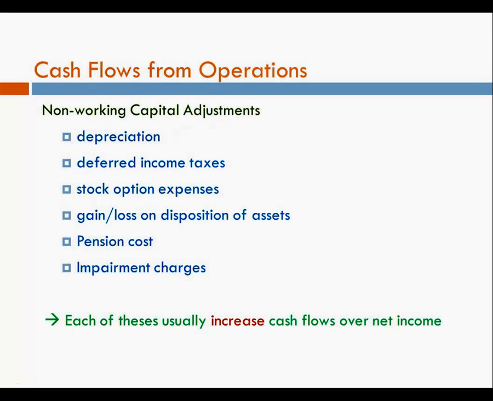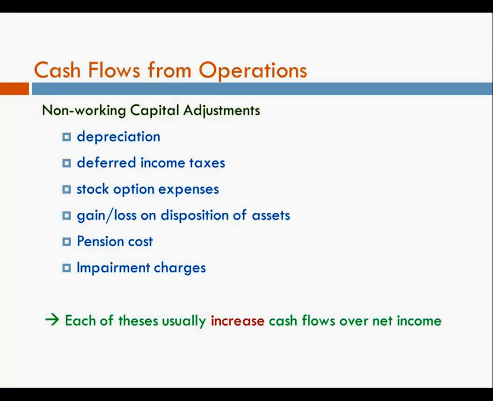Okay, so non-working capital adjustments. Depreciation, we talked about. Deferred taxes, stock option expenses, gains or losses on the disposition of assets, pension costs, impairment charges. So these are non-working capital assets, you know, PP&E, etc. And in each of these cases, your cash flows would be higher than your net income.